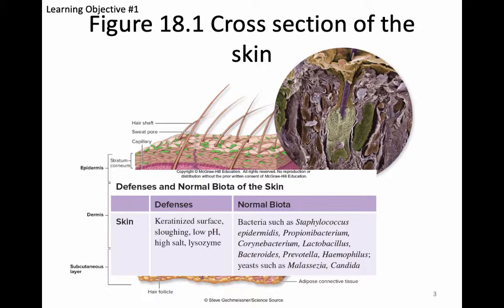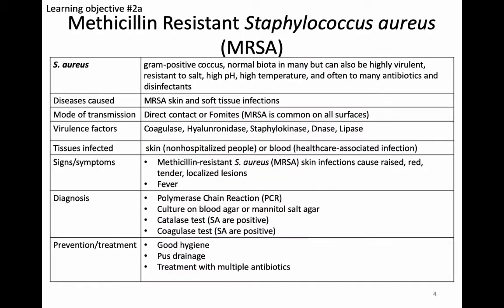So all of these normal biota will additionally compete with pathogenic microbes for nutrients and growth in this niche. And all of these normal biota that grow on the skin in a healthy person are very well adapted to the salt and pH and dryness of the skin environment.